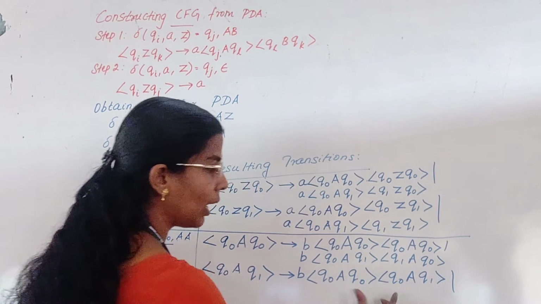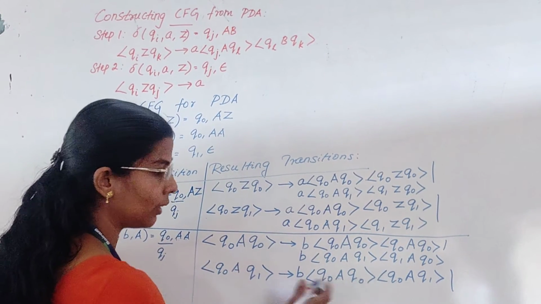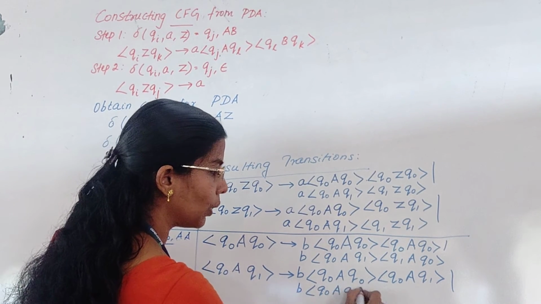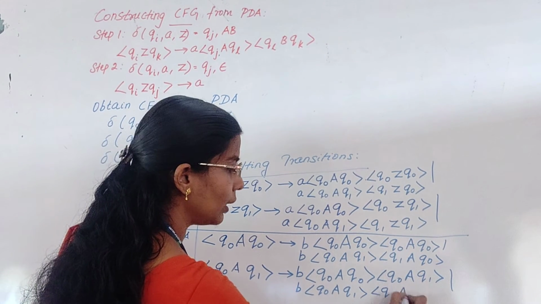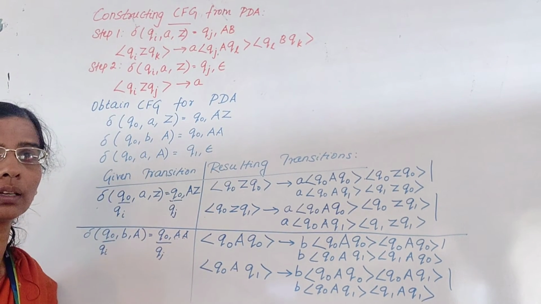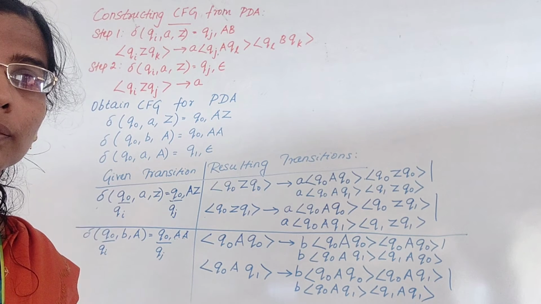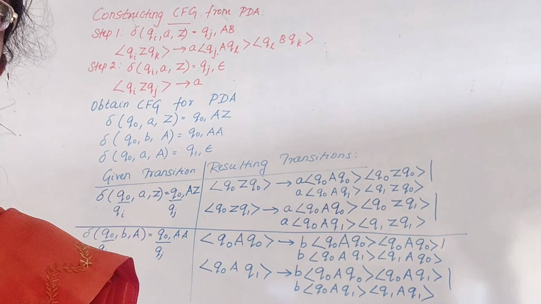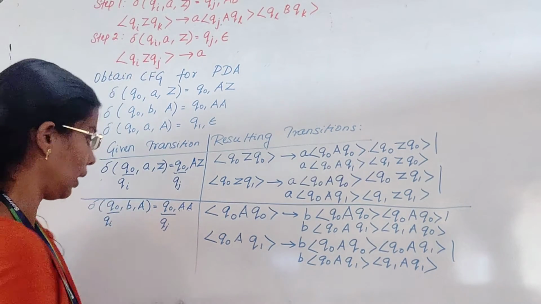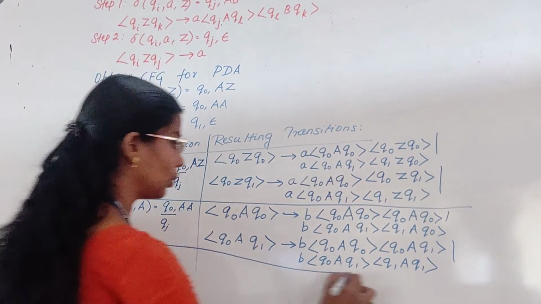Q1. And then write the next possible L value. So it is B, Q naught A, Q1, Q1 A, Q1. Hope the board is clear. So the second transition is also over.